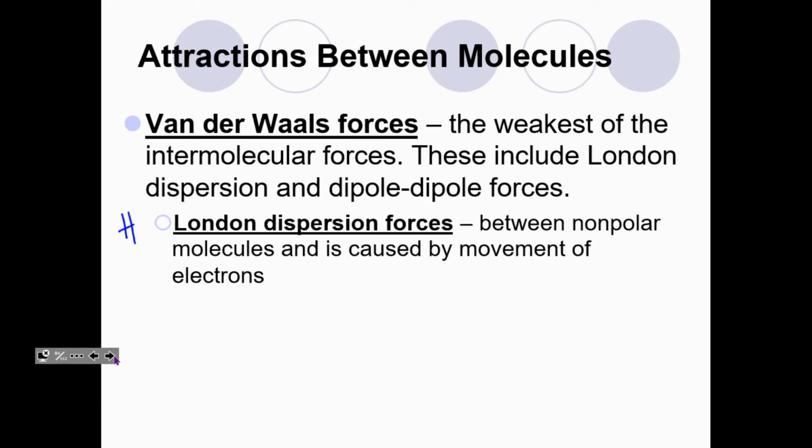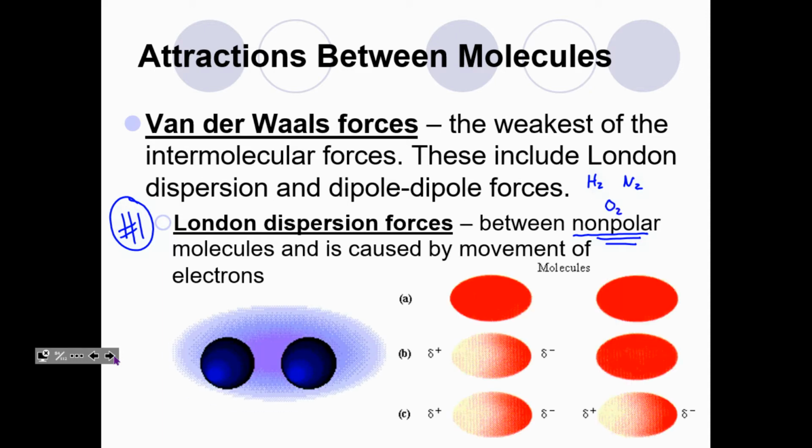So the first intermolecular force, which is the force between molecules, is going to be between nonpolar molecules. So if we have nonpolar molecules like H2, N2, O2, then we're going to have London dispersion forces. Let's look at the picture down here.